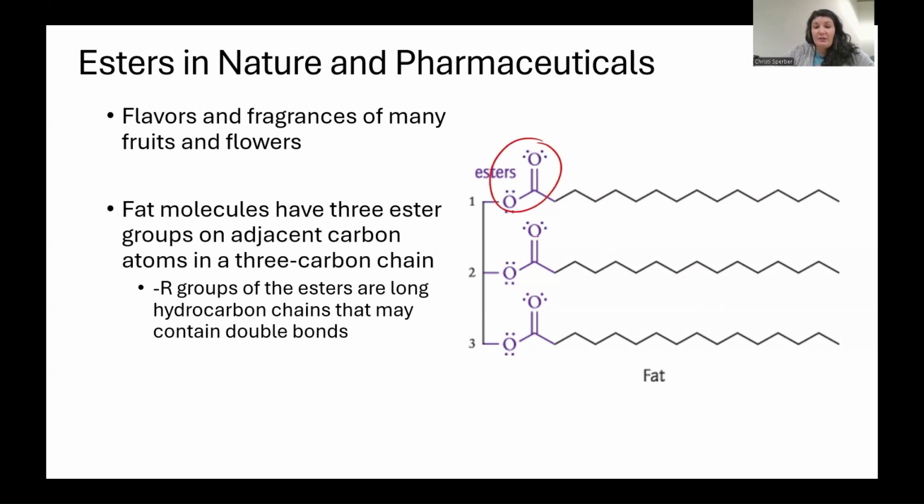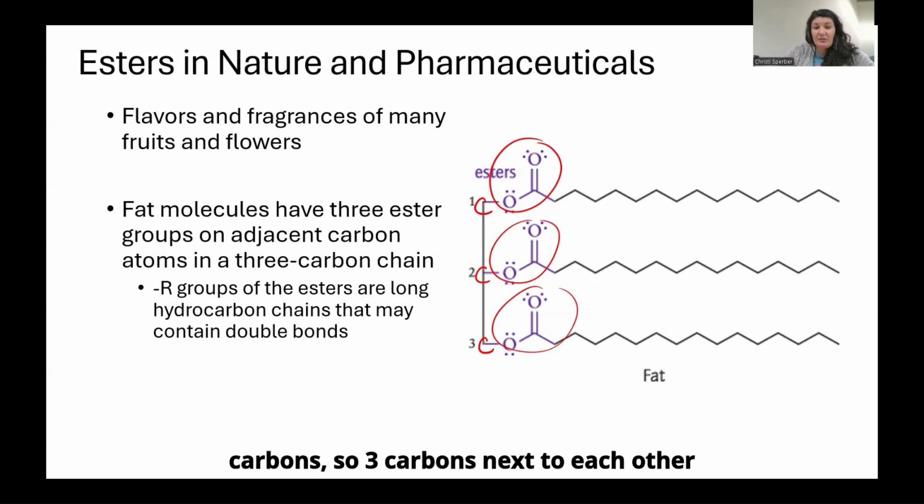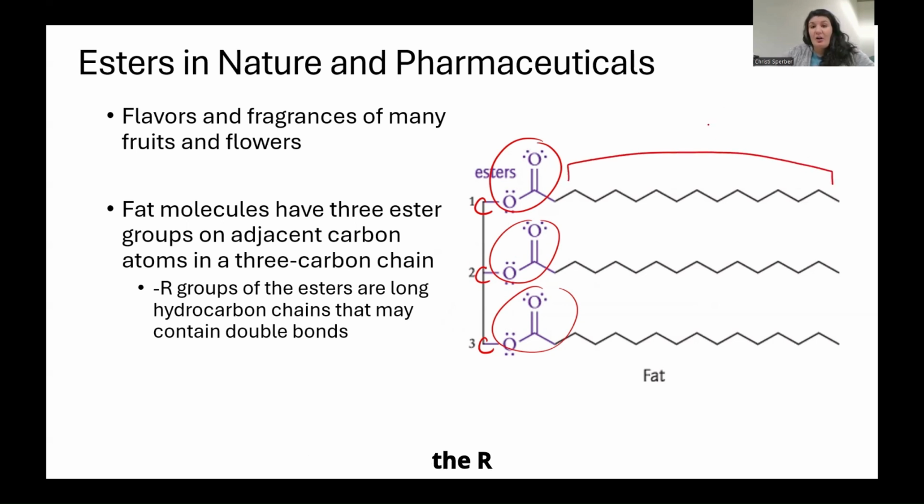We have 1, 2, 3, and these are all carbons. So on 3 adjacent carbons, so 3 carbons next to each other, in a 3-carbon chain, the R groups of esters are long hydrocarbon chains that may contain double bonds. So these are the R groups, and they are hydrocarbon chains.